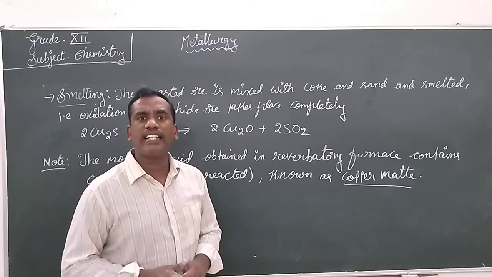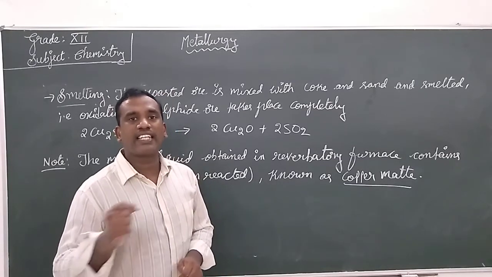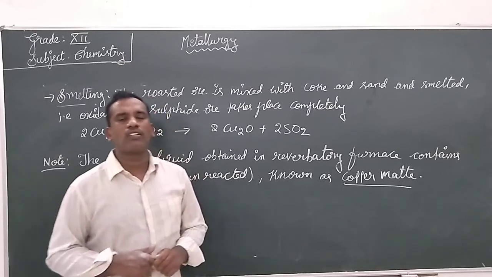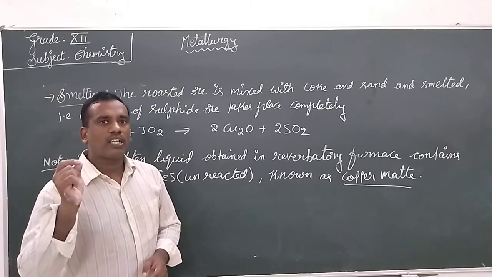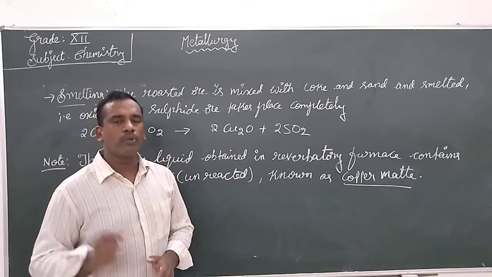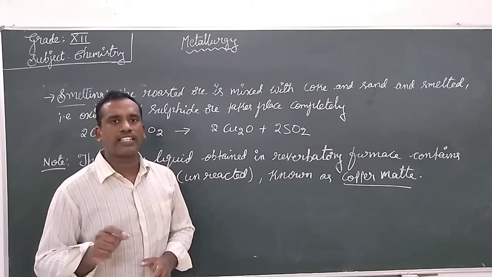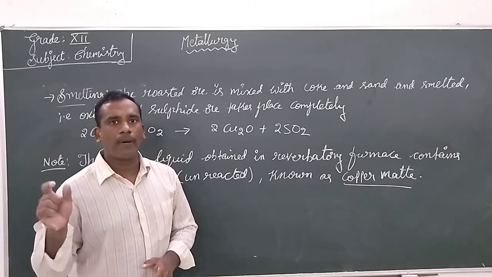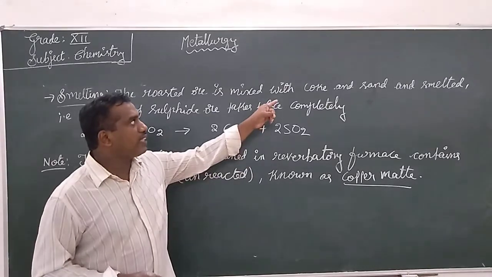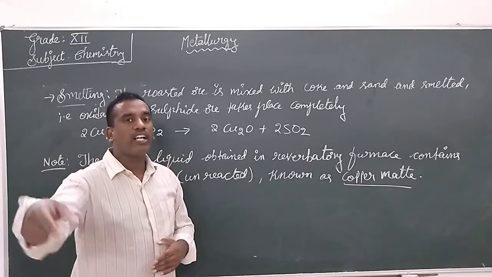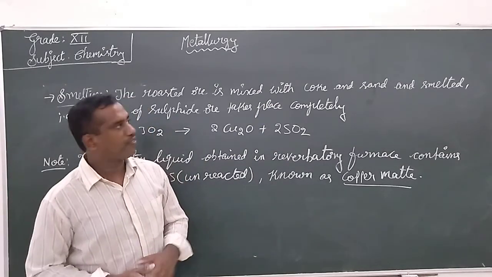The formula of sand is nothing but silica, SiO2. What is the purpose of silica? The purpose of silica is to remove the impurity FeO, iron oxide, from the copper ore. And what is the purpose of coke? We'll come across it in the next explanation.